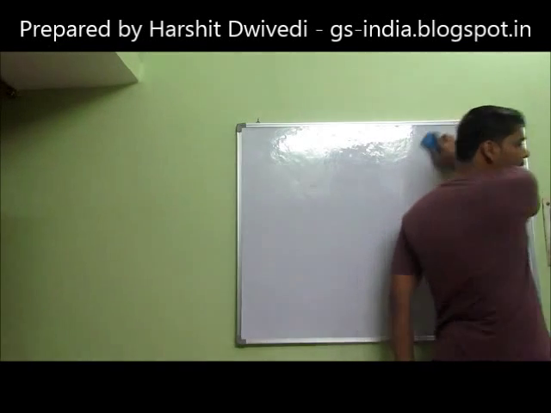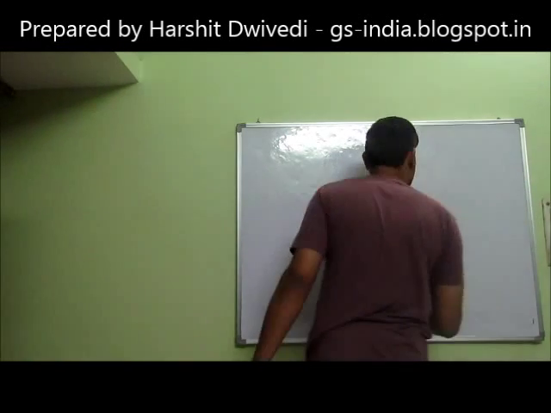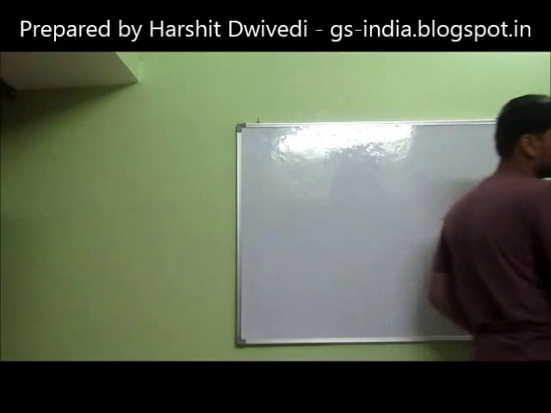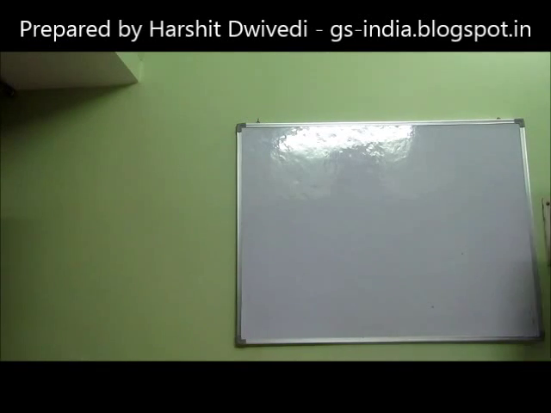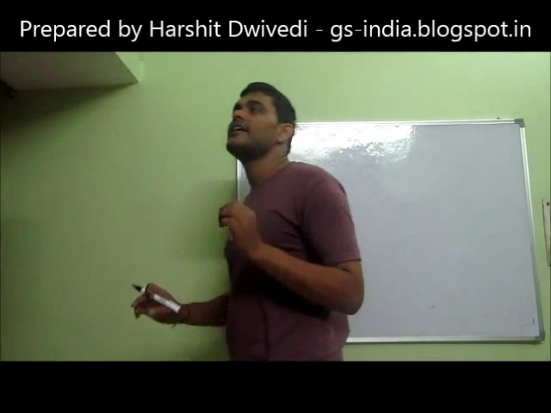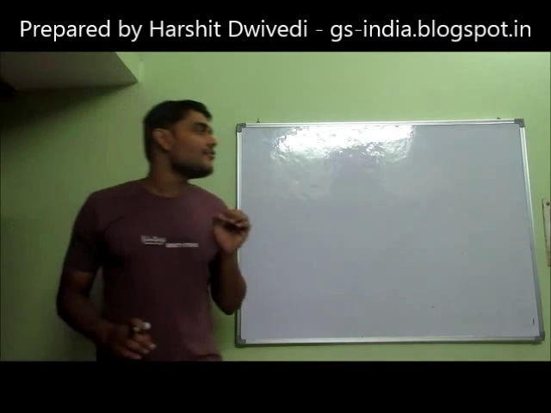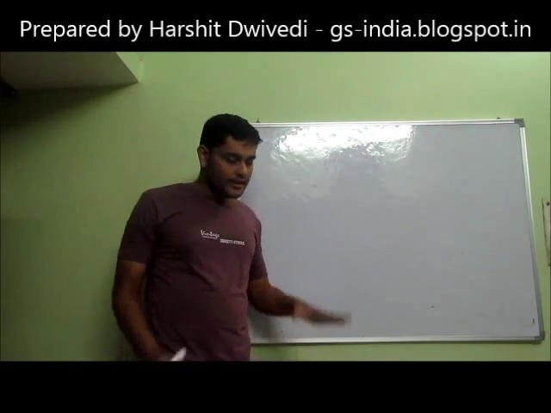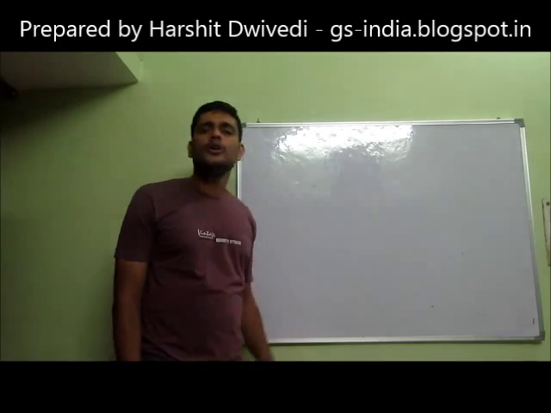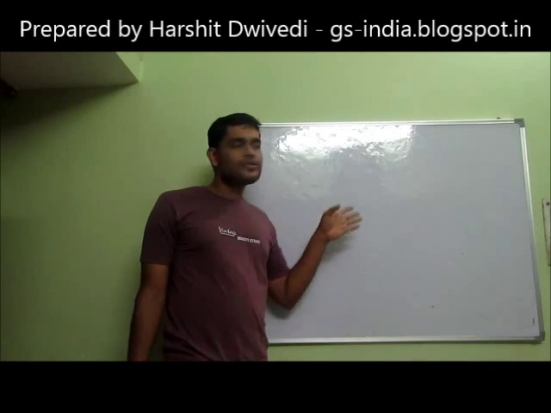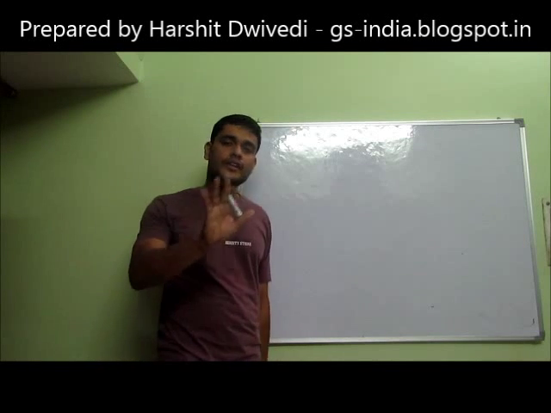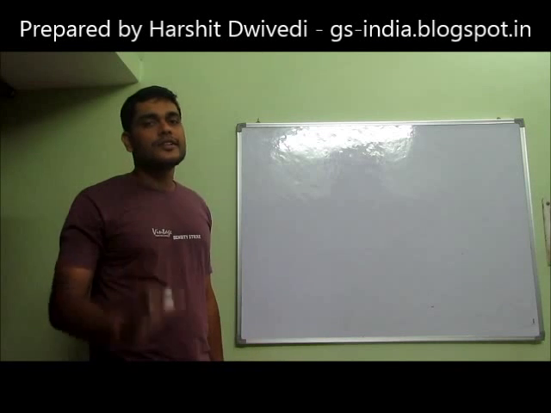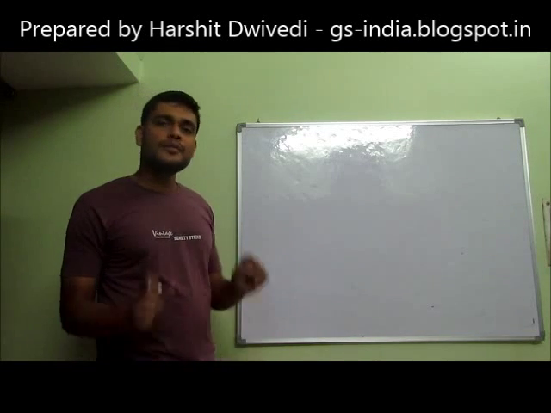Now whatever I am going to tell you is very important. Kindly listen to it very carefully, because if you are able to understand this, you will never be uncomfortable in any question of calendars. Till now, whatever concepts I have told you, I have not discussed the questions of those concepts here. I will definitely discuss those questions. But before coming to the questions, I want to make you understand the concepts in full.